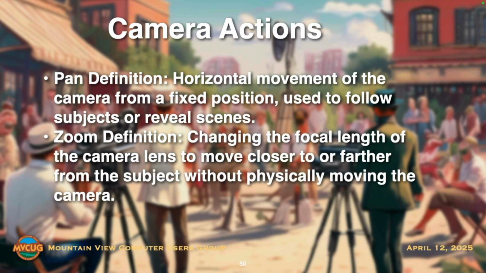Okay, what we're going to talk about now are called camera actions. These are based upon actual things that they do when doing film production and video production. The first one I want to talk about is called pan. That's a horizontal movement of the camera from a fixed position used to follow the subject. Panning, you follow the subject.